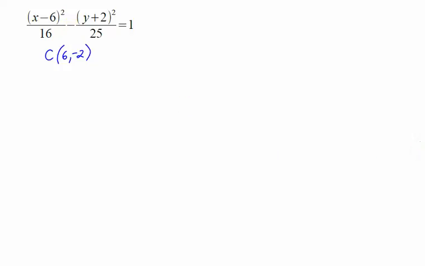How we determine whether it's a vertical or horizontal hyperbola comes down to which of the variables is positive. In this problem, it's the x term that has the positive coefficient. Therefore, this will be a horizontal hyperbola.